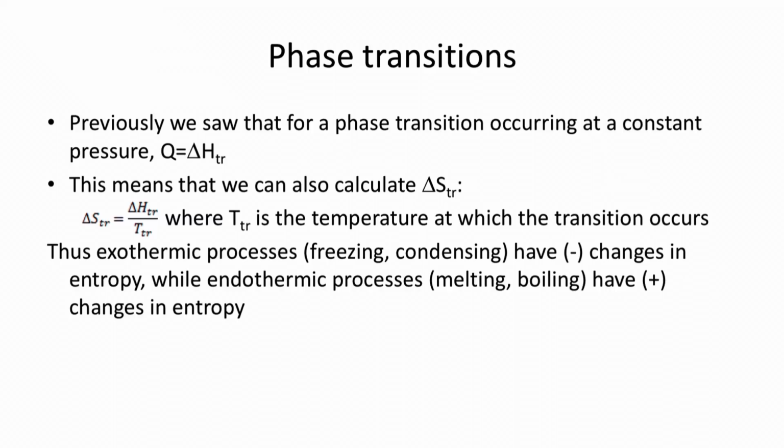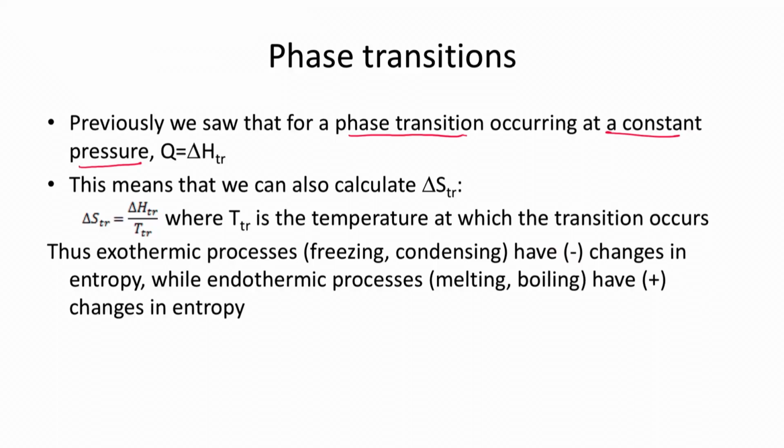So let me show you how this works. In the specific case of a phase transition where things are happening at a constant temperature and a constant pressure, if the phase is changing but everything else is constant, the heat transfer is equal to the delta H, the change in enthalpy for this transition.